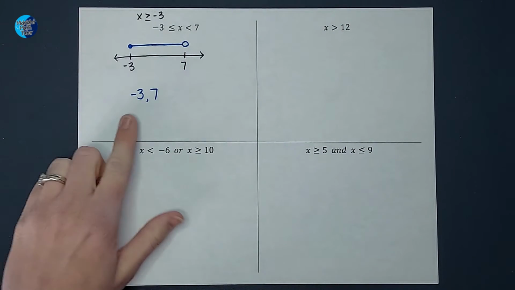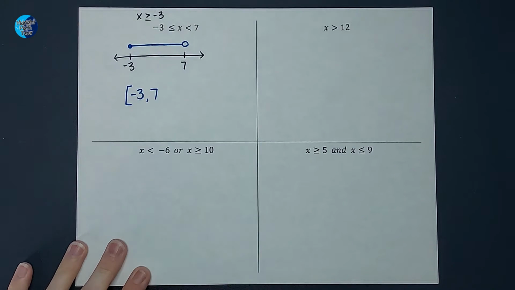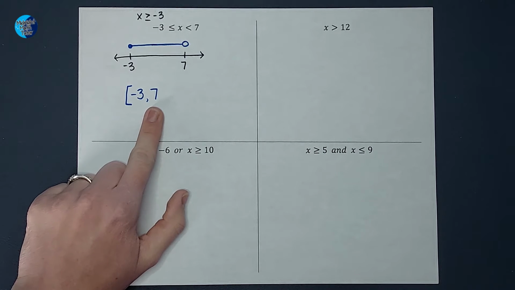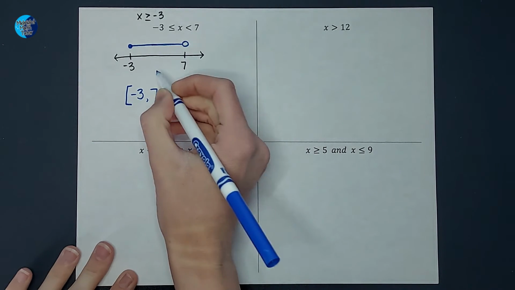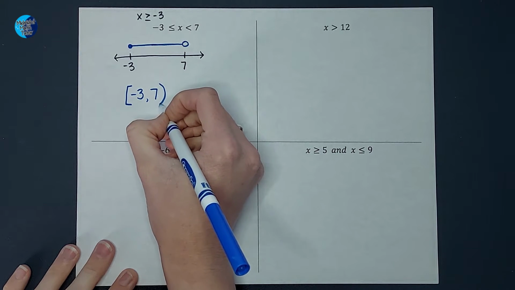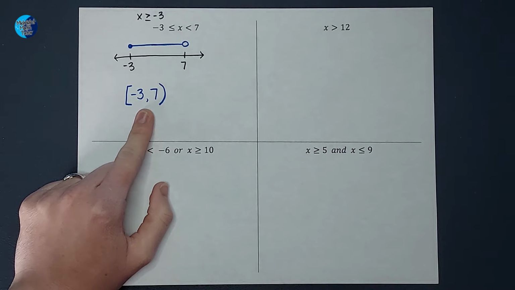So in order to show that it can be -3, I'm going to use a bracket. And to show that it can't be 7, that's just like my border, I use a parenthesis. All right, that is my answer written in interval notation right there.